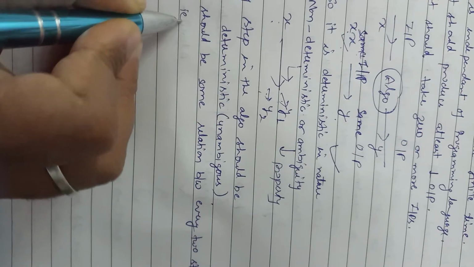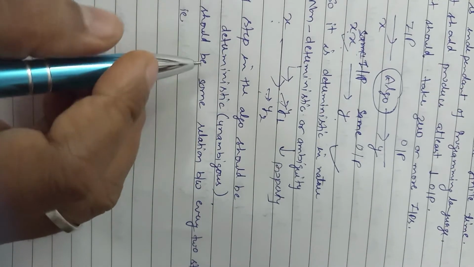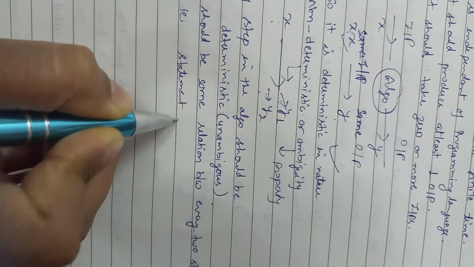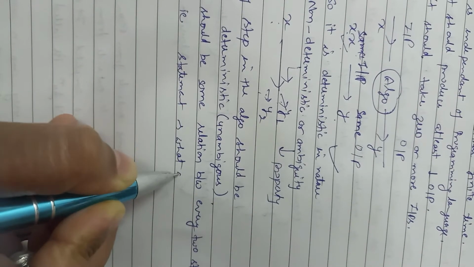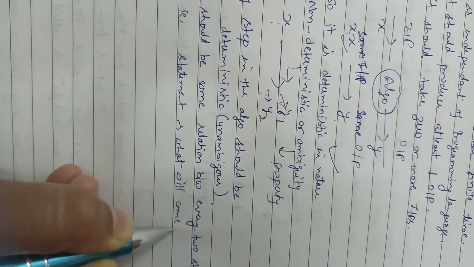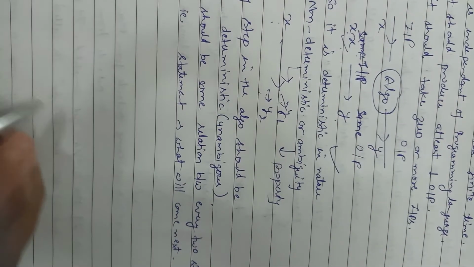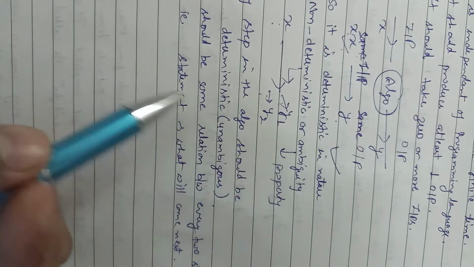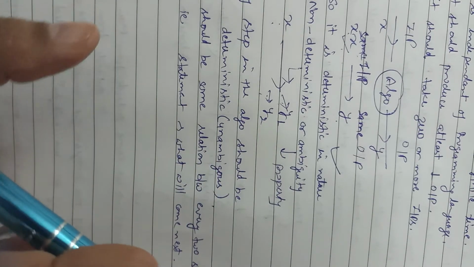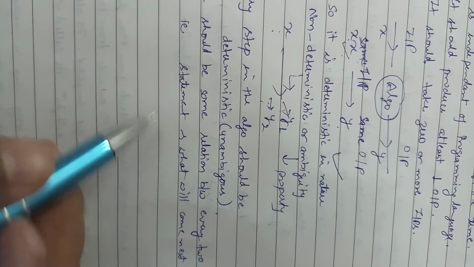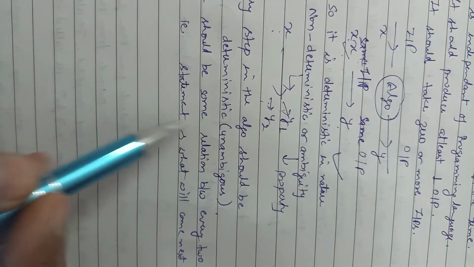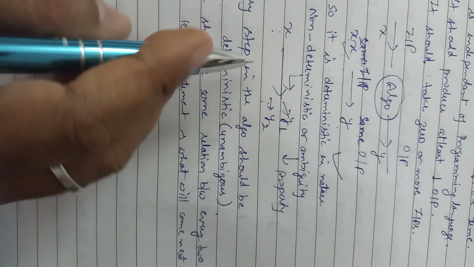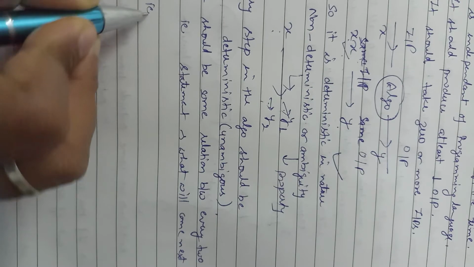Or we can say we should know from the statement what will come next. Detail we will discuss further. This is an important term, and when we discuss some algorithm in proper way, then we will understand what it exactly means.